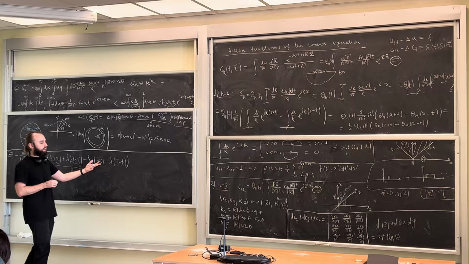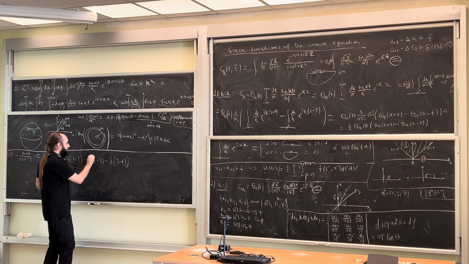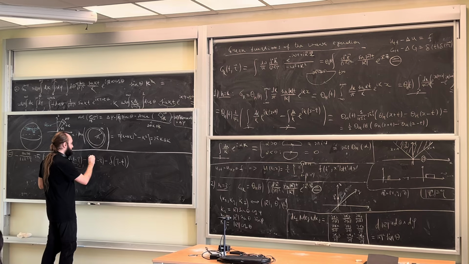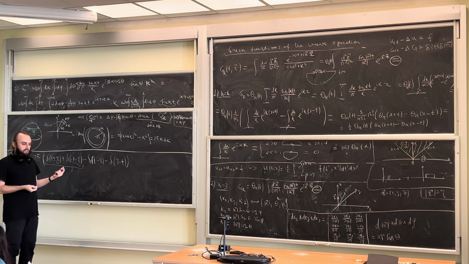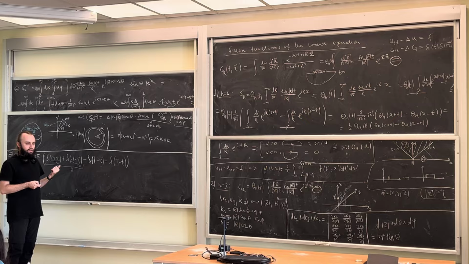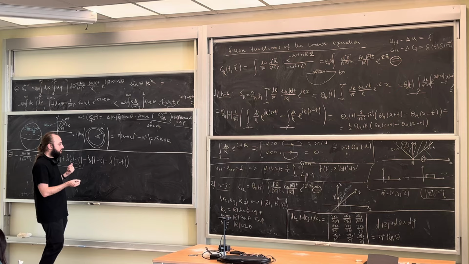And these two delta functions are the same because the delta function is in a sense symmetric, because it computes the value at zero of the function phi of x. If you change it to the function phi of minus x, its value at zero will be the same.